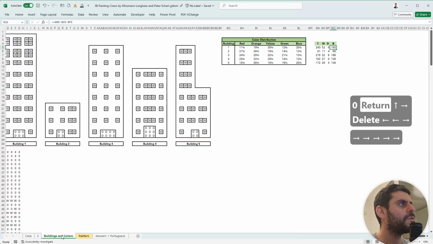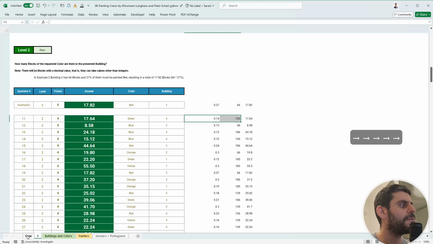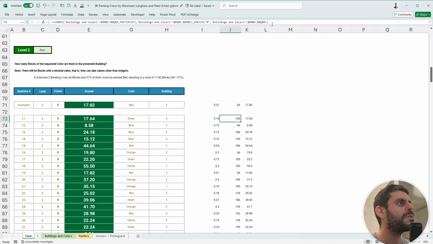Okay, sure, 5, and then I want the blocks.